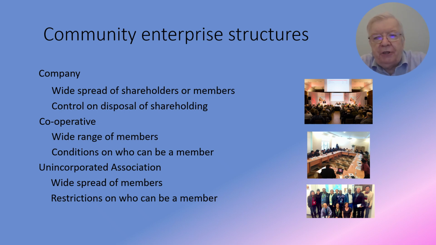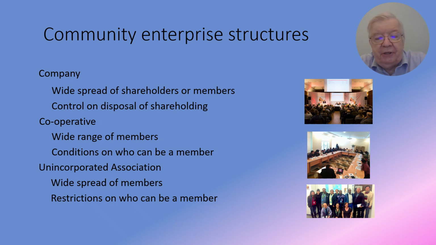The shareholding couldn't just be disposed of to anybody, but there would be a requirement that it be disposed of to those who have an interest in the locality, or are from or resident in the locality, or part of the organisation if it is a community of interest. That can be controlled within the terms of the company.